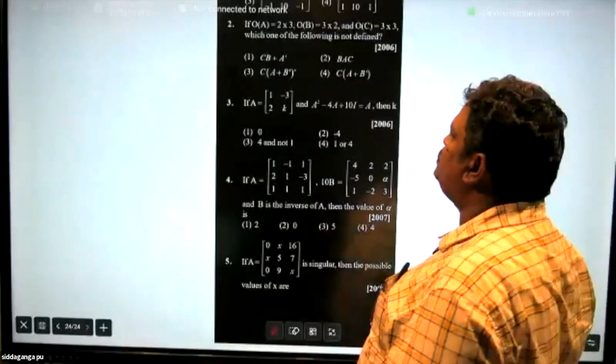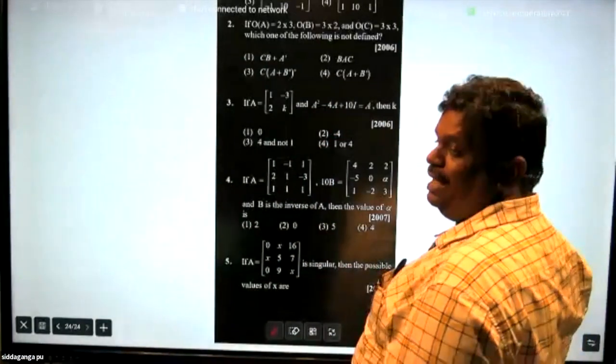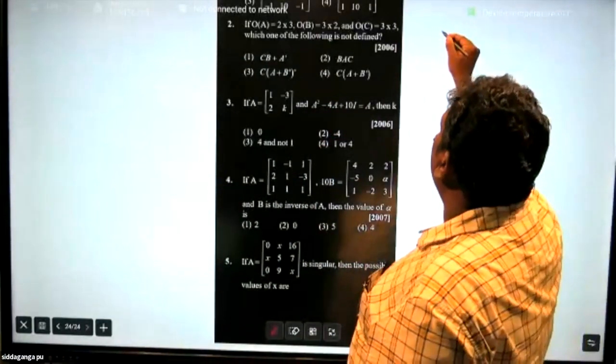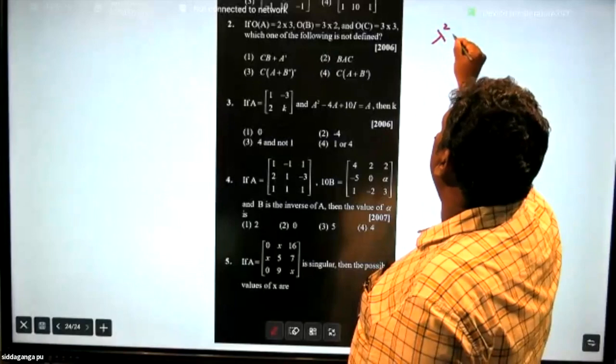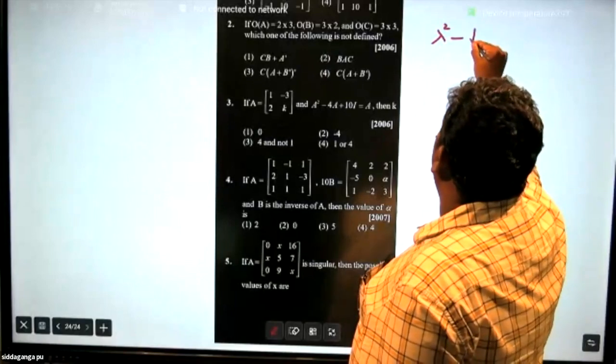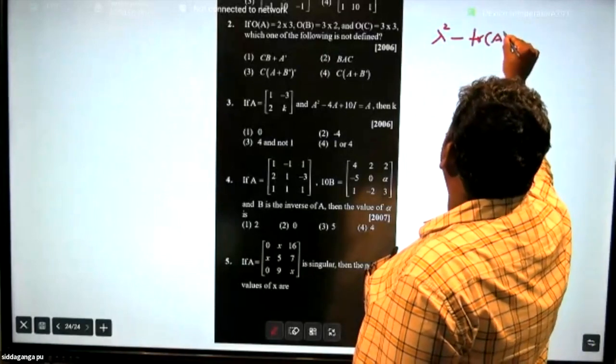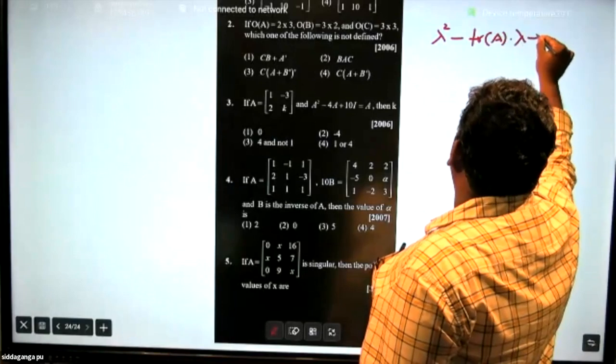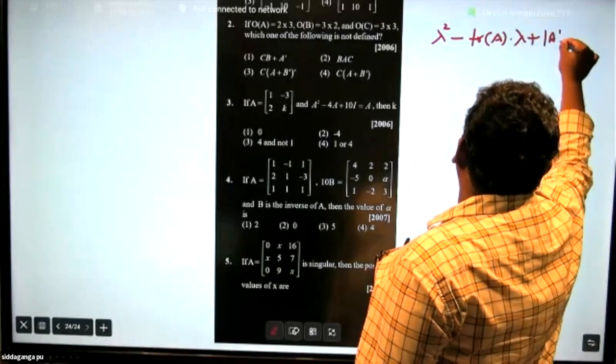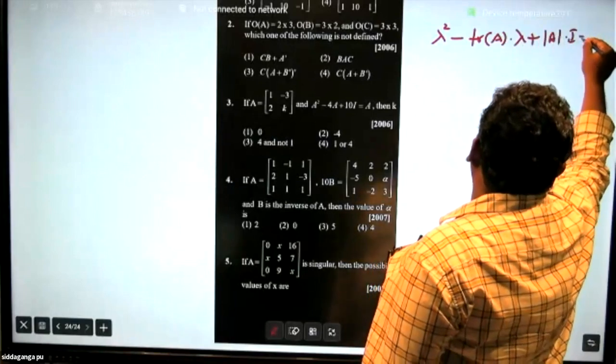How do we calculate? First we take the characteristic equation. For a 2 by 2 matrix, lambda square minus trace of the given matrix into lambda plus determinant of A into I equals 0.